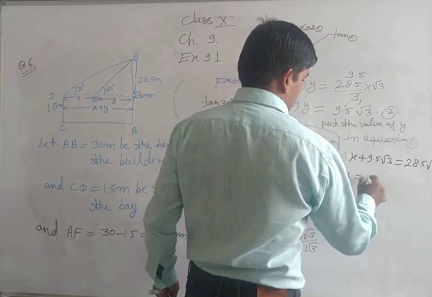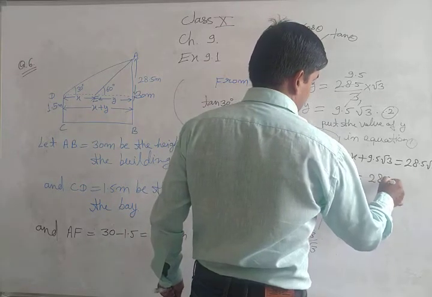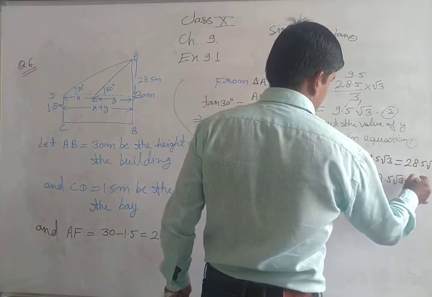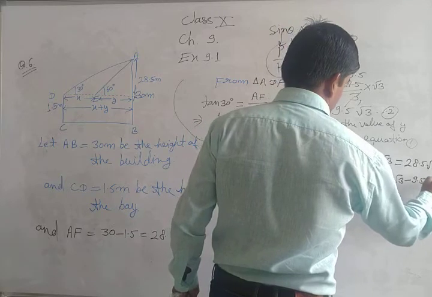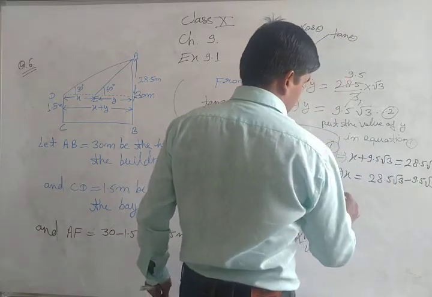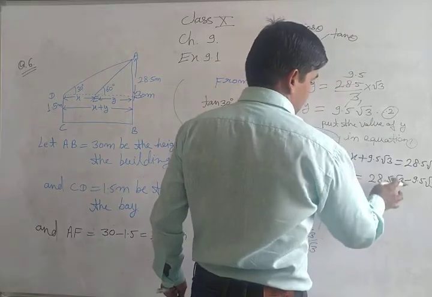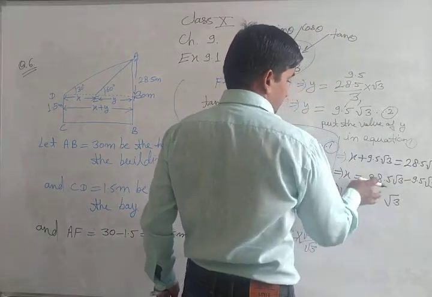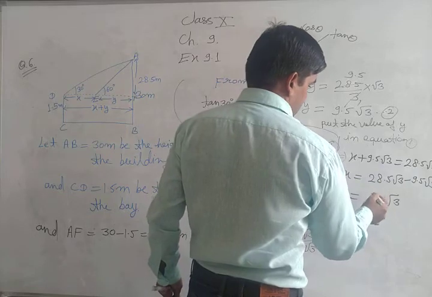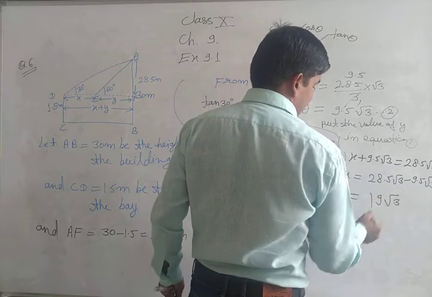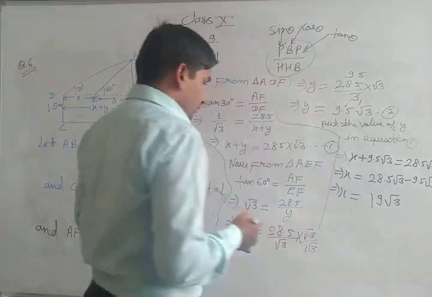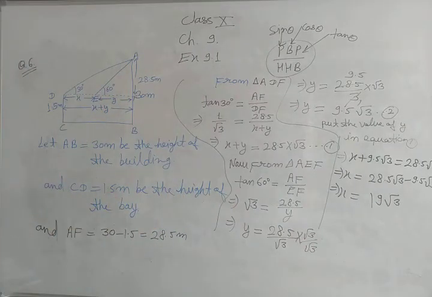It implies that x equals 28.5 root 3 minus 9.5 root 3. It implies that x equals root 3 times, when you subtract 9.5 from 28.5, you will get 19. So the value of x equals 19 root 3.